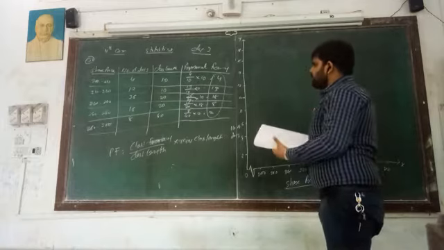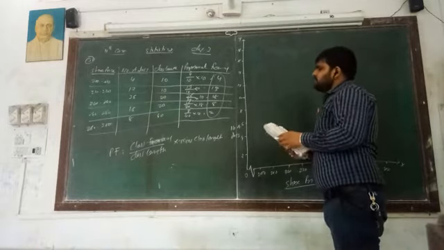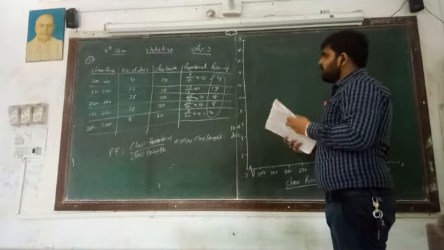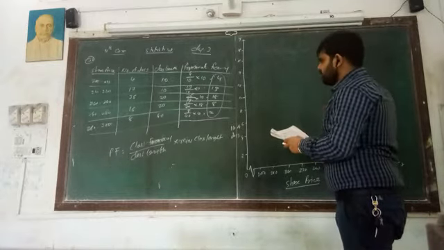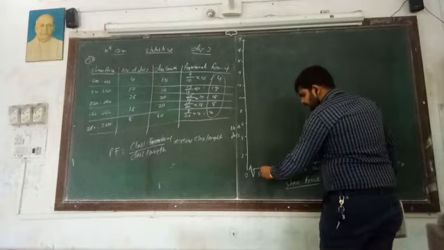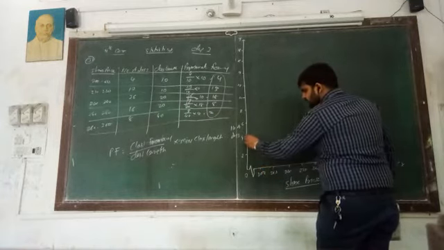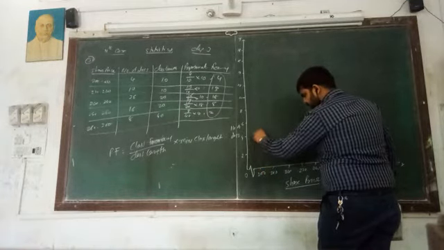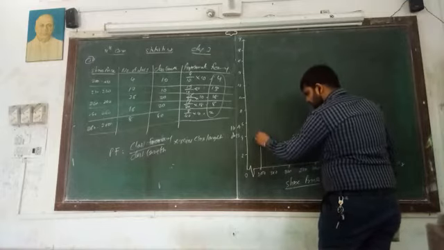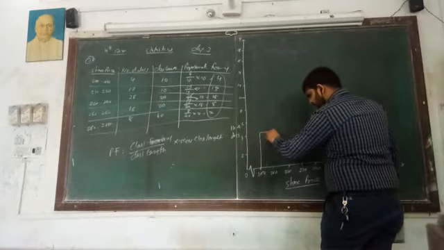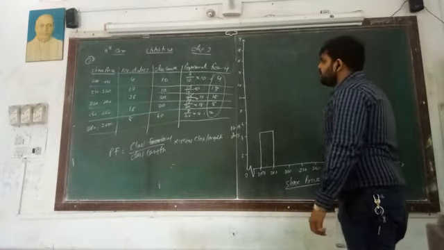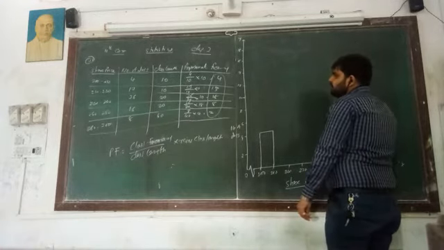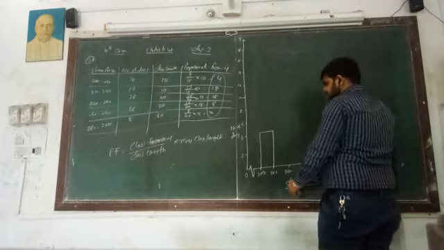Now we have to draw. Let us start from 200 and 210. It's a 4. So we draw from 200 to 210, that is 4. Then 210 to 220, 13.